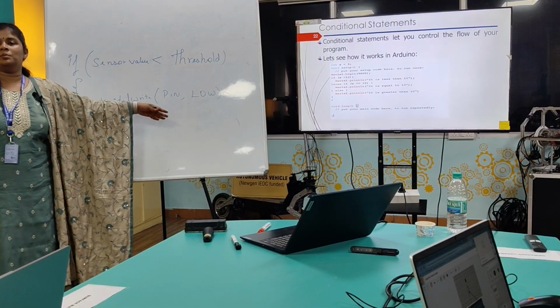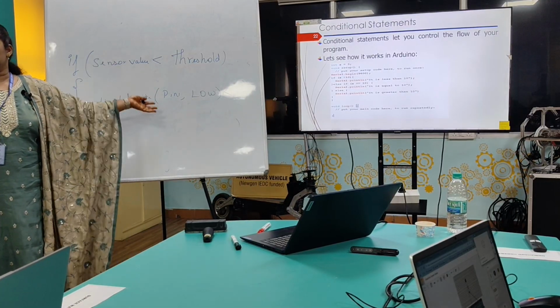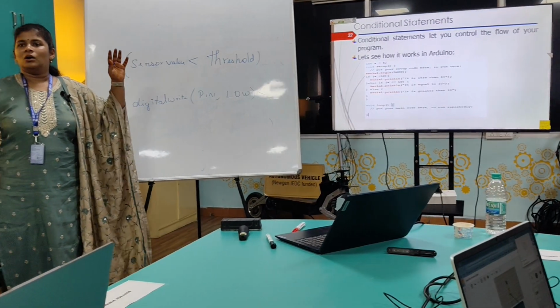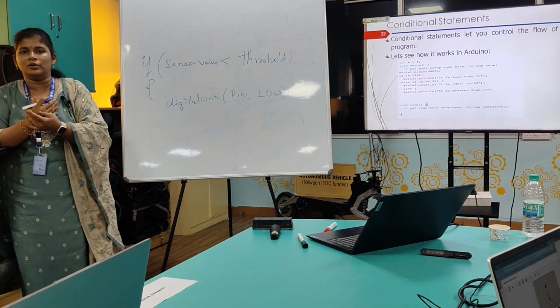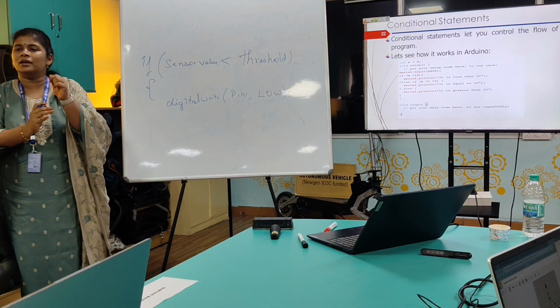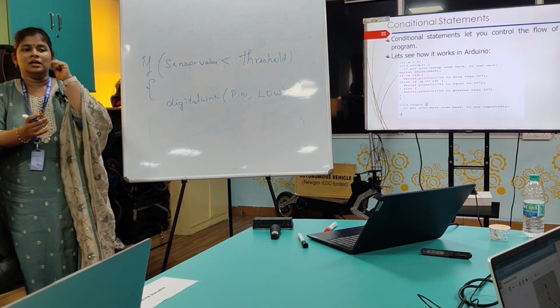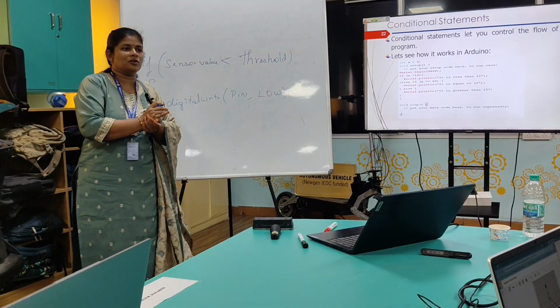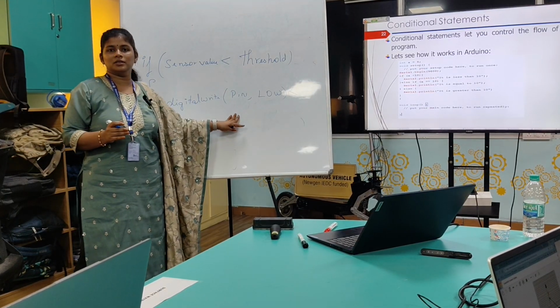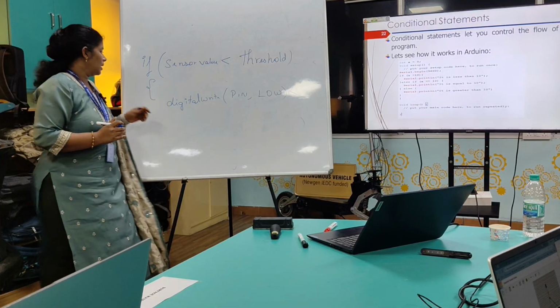Now this pin can be an LED, it can be anything that we want. Whenever I'm writing it low, it means I'm going to cut the power off for that. If you have connected a buzzer, if you have connected a motor, whatever it is, the power is going to be cut off for that. That's what we are doing with this.